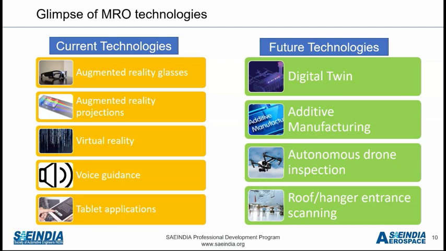It will simply throw lights onto the aircraft, and the complete aircraft will be scanned, and that is going to be used. There are some proposals by some of the MROs that they are going to use this roof or hangar entrance scanning technology. So these are some of the technologies that I just wanted to give a brief about.